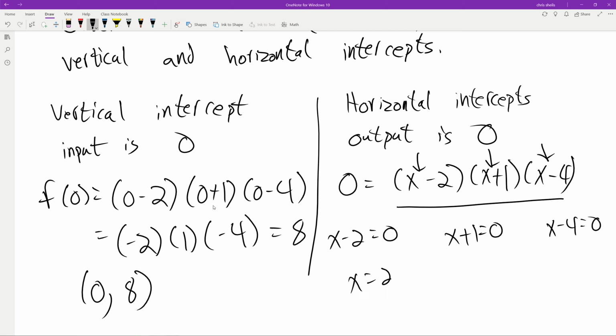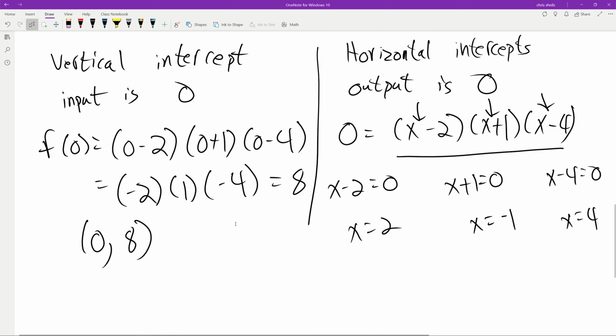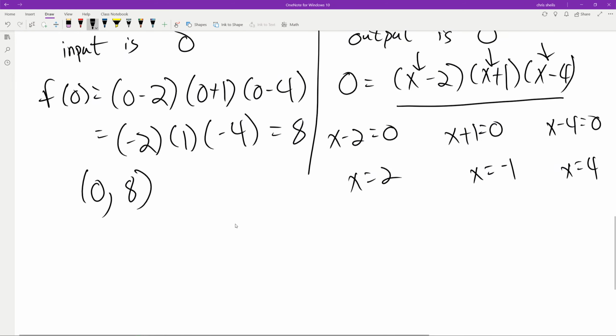I get x equals 2, x equals -1, and x equals 4. So this means that my horizontal intercepts are the points (2, 0), (-1, 0), and (4, 0).